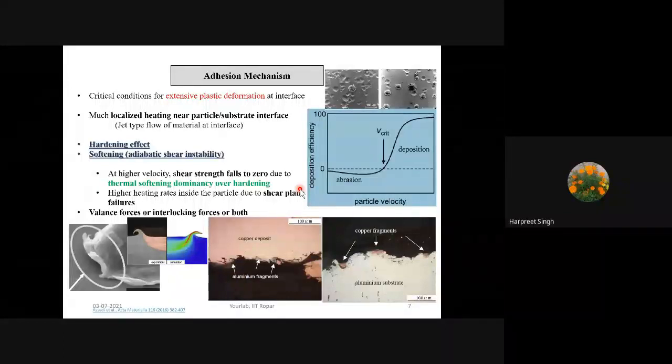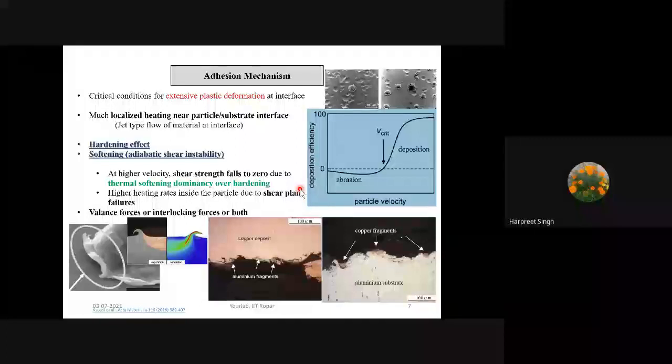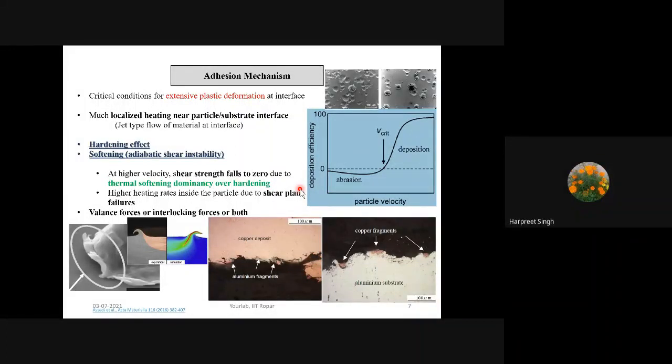So that is something which is a necessity here, that for any given set of materials, substrate materials and coating, you have to find your critical velocity. That's one thing which is very important, and that varies with the material combination, right?